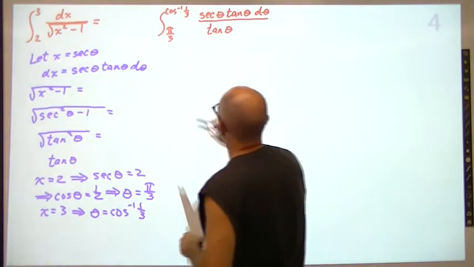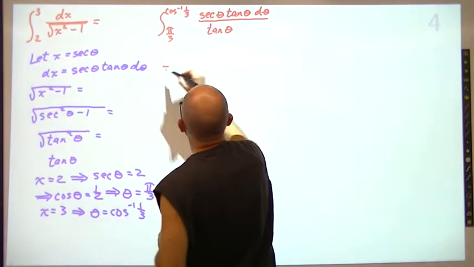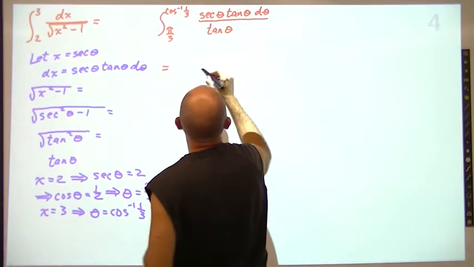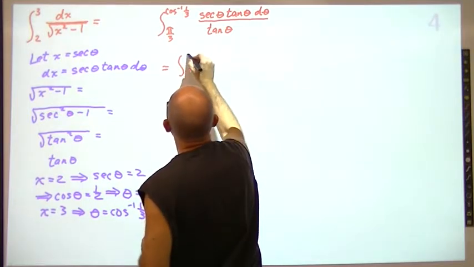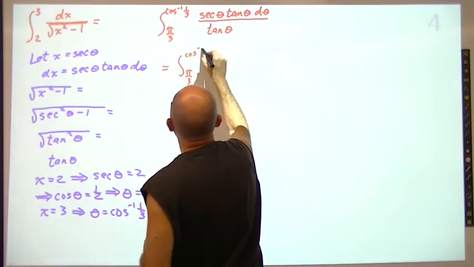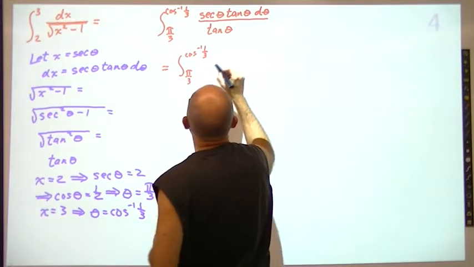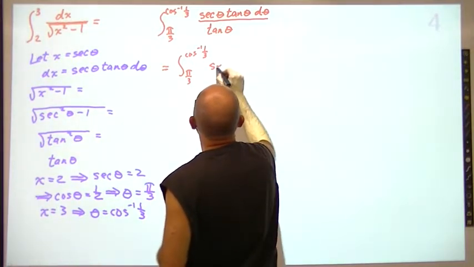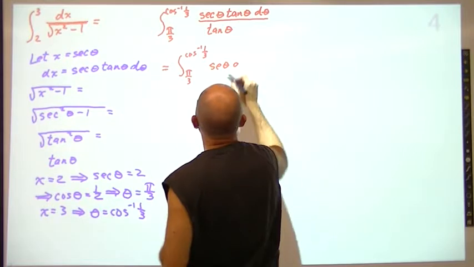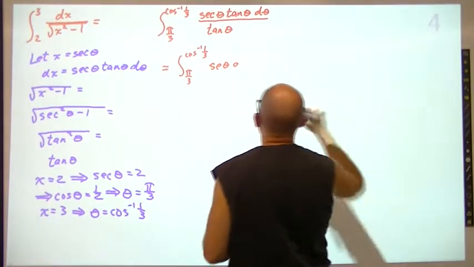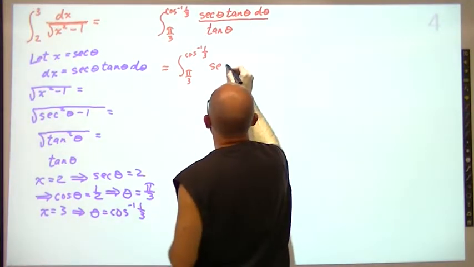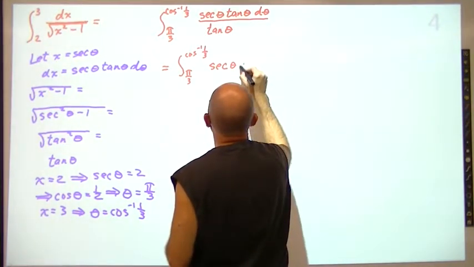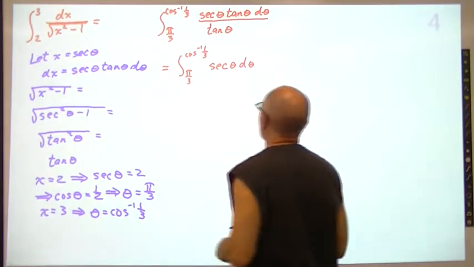Okay, so this is going to turn out nice and neat. The tangents cancel, and you're left with the integral from pi over 3 to inverse cosine of 1/3 of secant theta d theta.